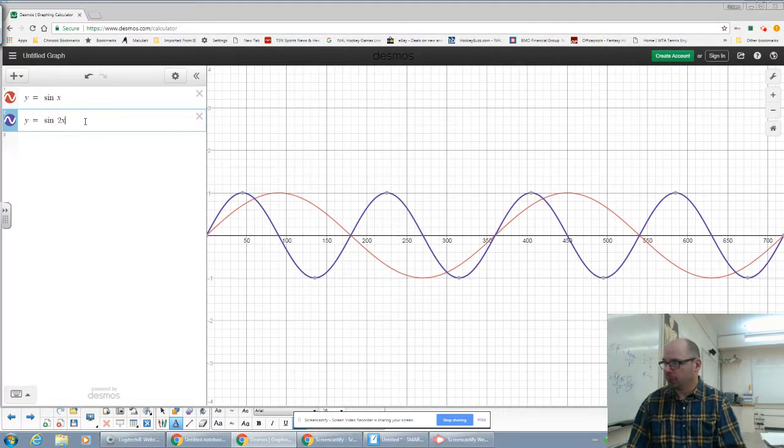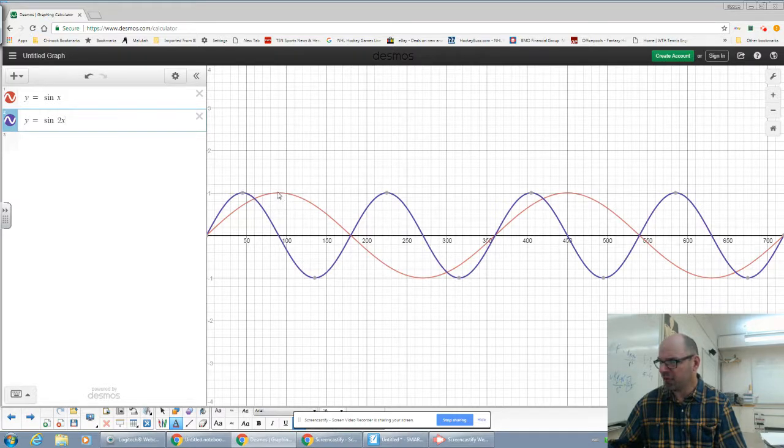Purple there. Okay, notice that if we just look at where the x-intercepts and y-intercepts are, it has some common ones right there and right there and right there and right there, not right there. The purple one has twice as many x-intercepts. It also has twice as many bumps.